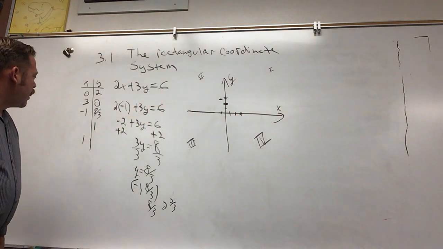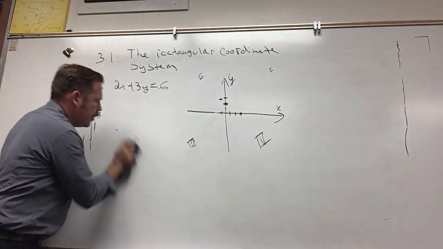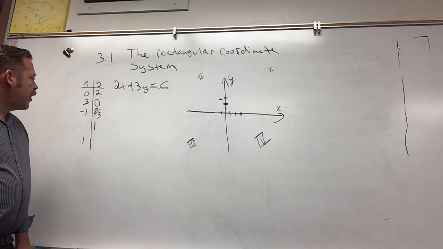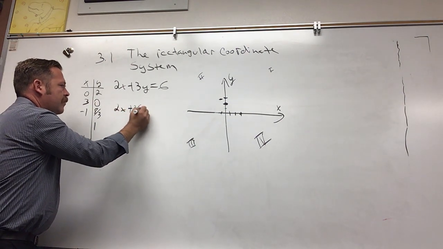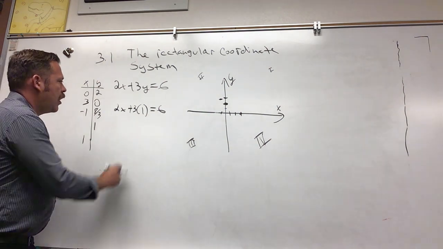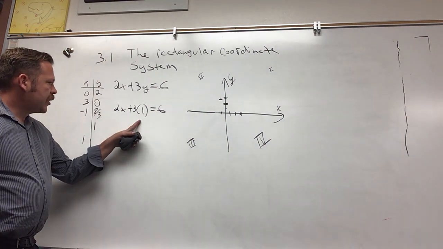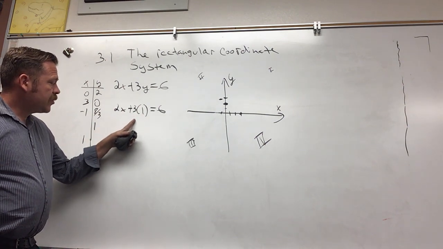All right, and let's see, the next point is a y value. So for the y value, I have 2x plus 3 times 1 equals 6. Okay, so now I know the y value is 1 for this next point. I need to find out what the x value is, so I'm going to solve. 3 times 1 is 3.